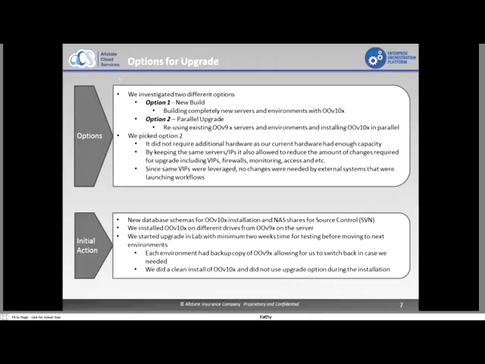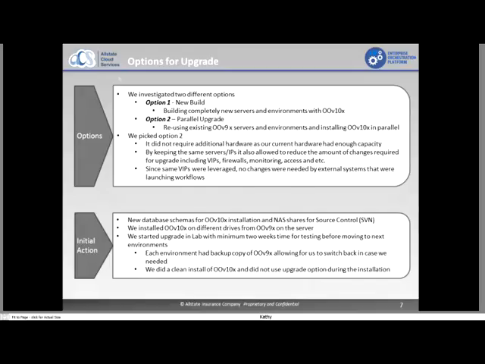So we looked at a couple options for the upgrade. Option one was a completely new build, basically, building new boxes based on requirements and installing 10. And option two was to do a parallel upgrade using existing servers and environment, just installing 10 in parallel.